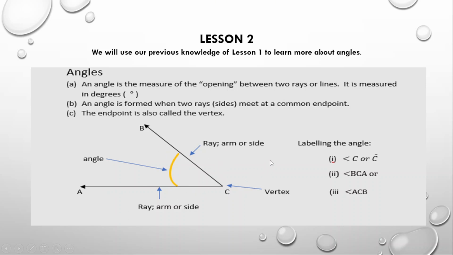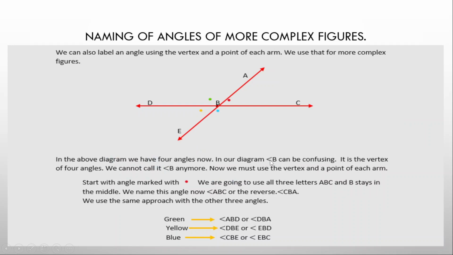Now sometimes we have a more complex figure. For example, this one. This line and that line intersect. So now we must actually use the method where we make use of the vertex and a point on each arm.